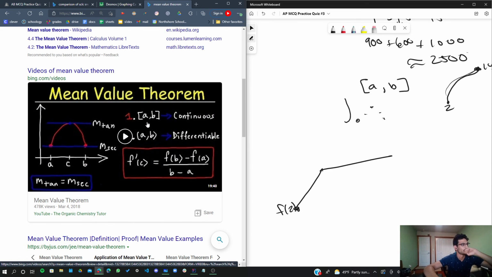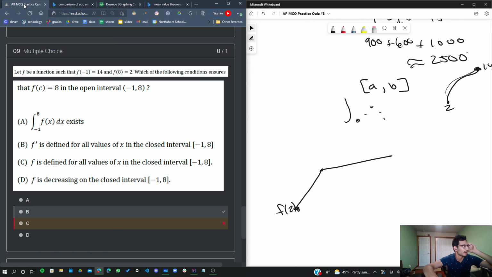Okay, so if you say A to B is continuous, but if the open interval A to B is differentiable, then anything that's differentiable from one interval to another is already continuous. So right here, when you say C, it's continuous, but it's not differentiable.